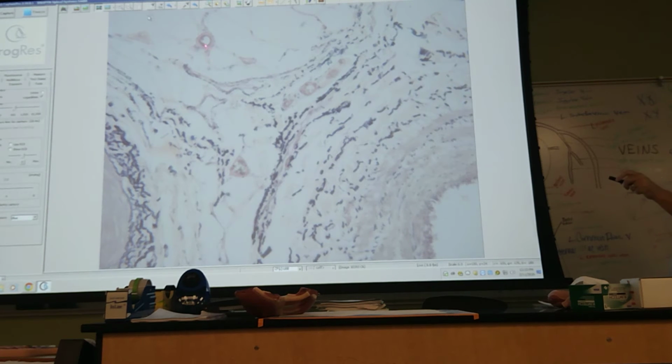Now, that's not a vasa vasorum, again, because you can see a nice internal elastic membrane on that. So that's a small artery. Again, make certain you can identify a vasa vasorum. It's very likely to be there.